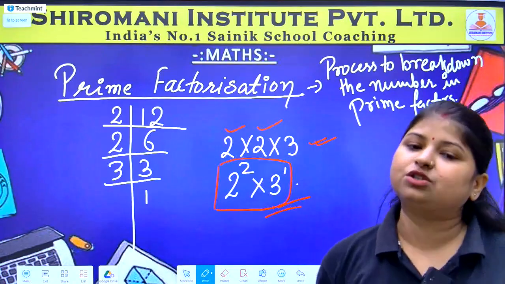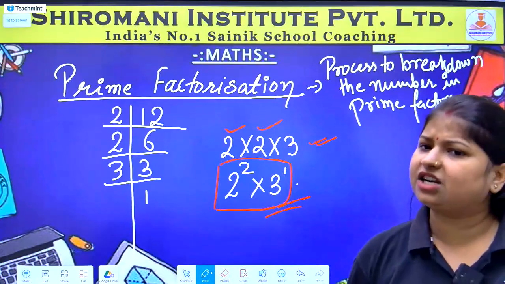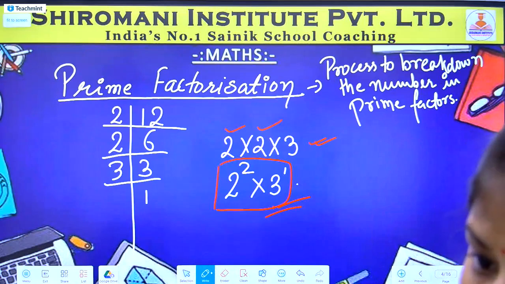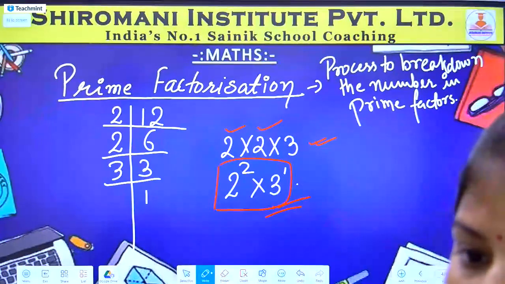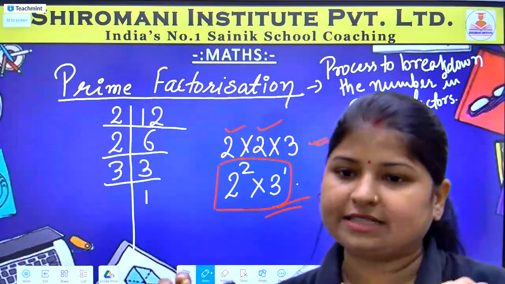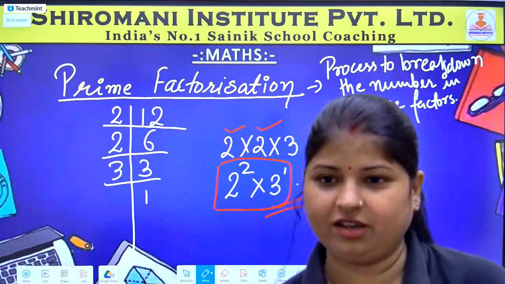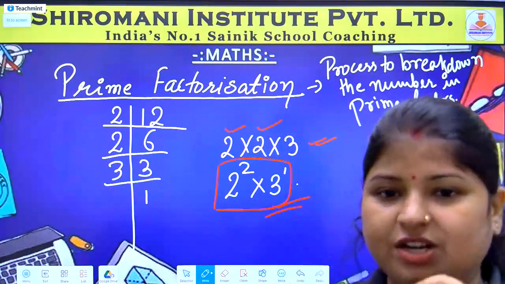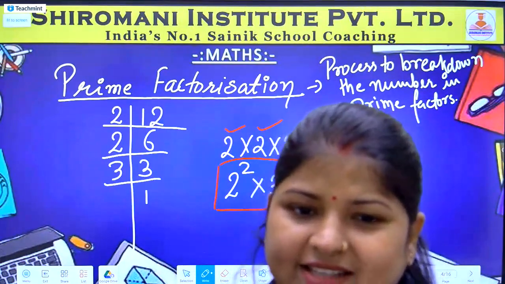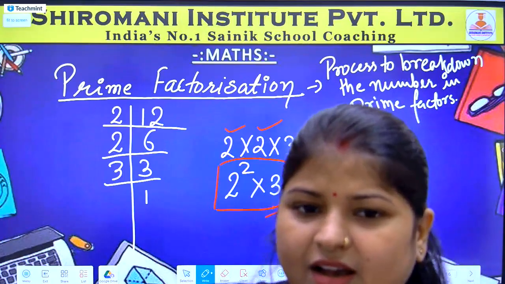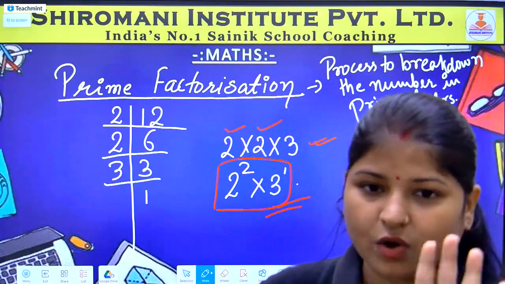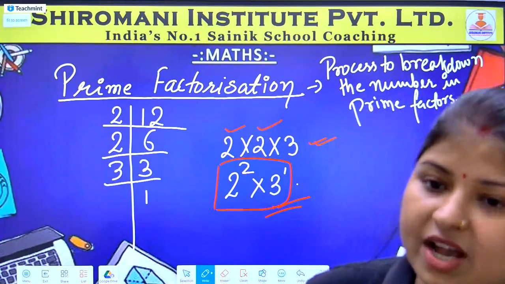Any doubts, anyone? Please do ask me. Yes, ma'am. Harshika. How do we come to 2 by 3? Okay, wait. Actually, I have two Harshikas in the class. So first I am going for V Harshika. V Harshika, what's your doubt, beta?